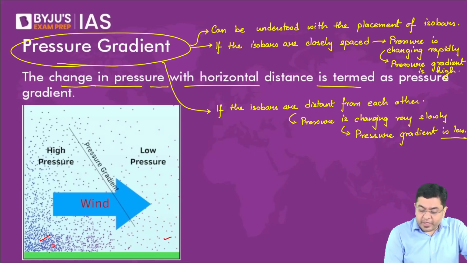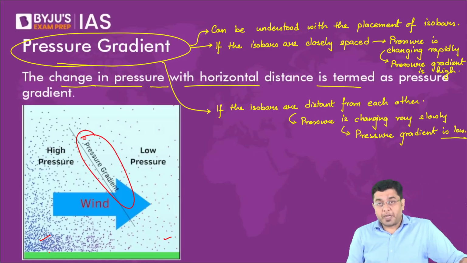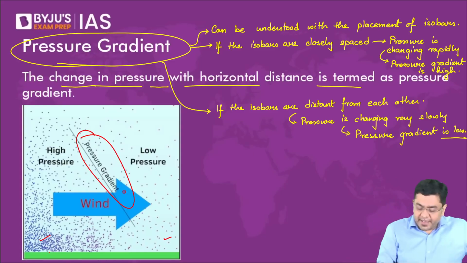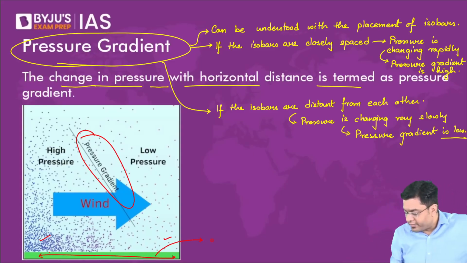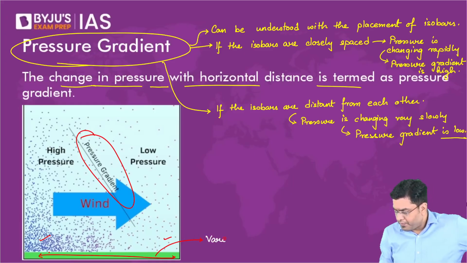So that is what is referred to as the pressure gradient, that the pressure varies over a particular distance. This indicates the variation of pressure over a distance.